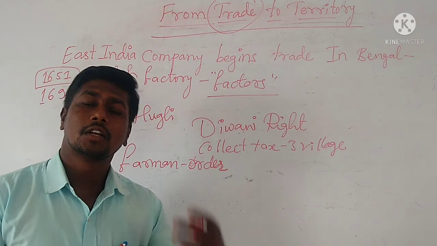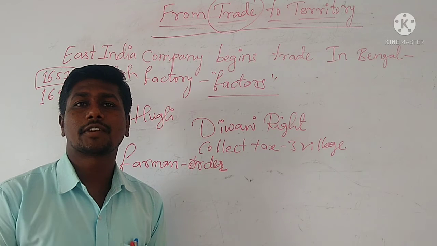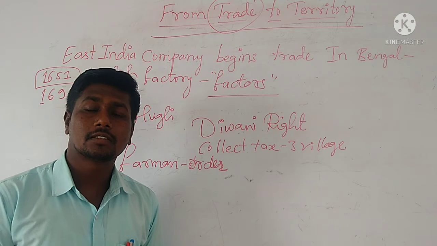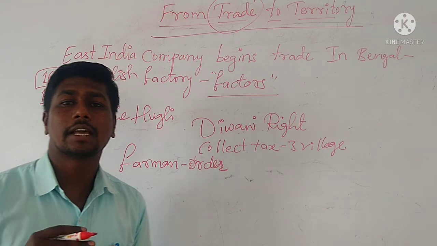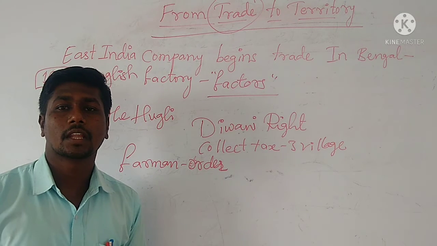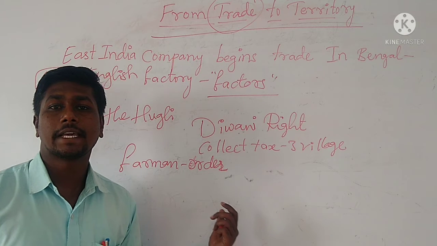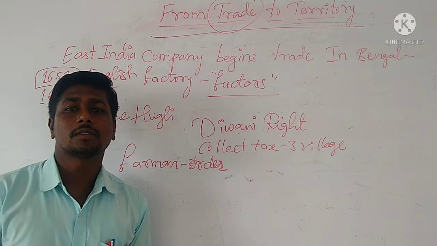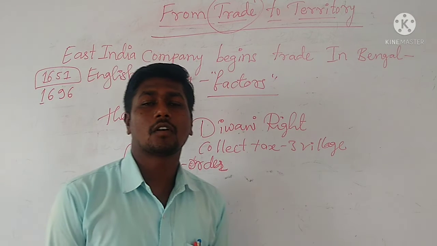Without paying tax, they started their personal private trade, not only the company's but their own also. This way they manipulated the existing privileges, refused to pay, and caused an enormous loss of revenue for Bengal.